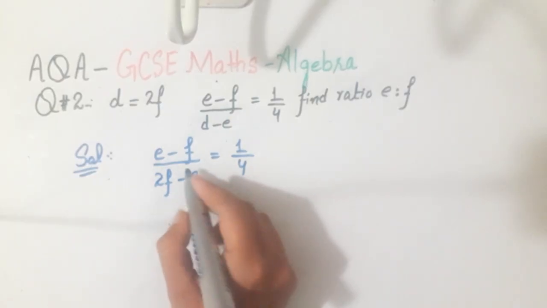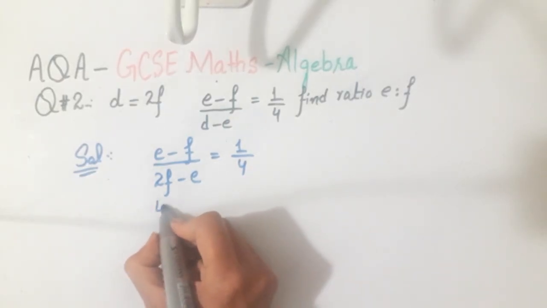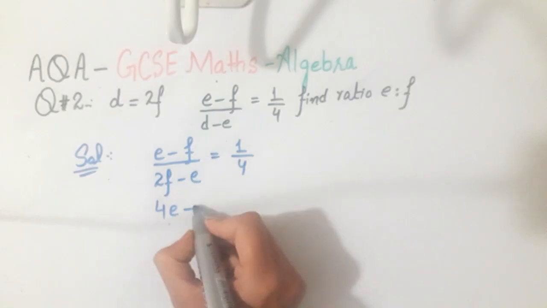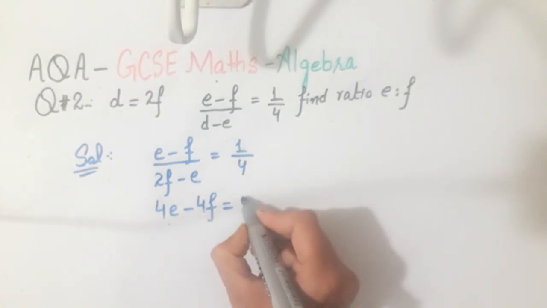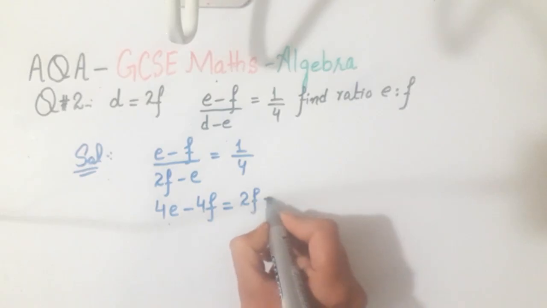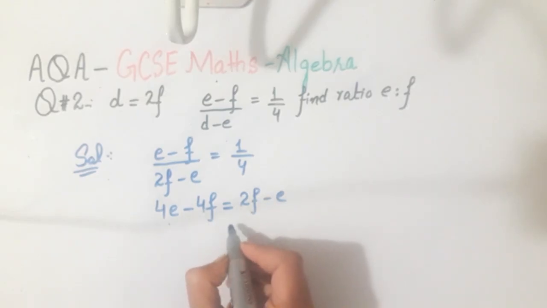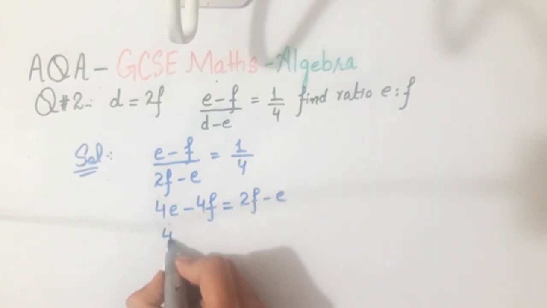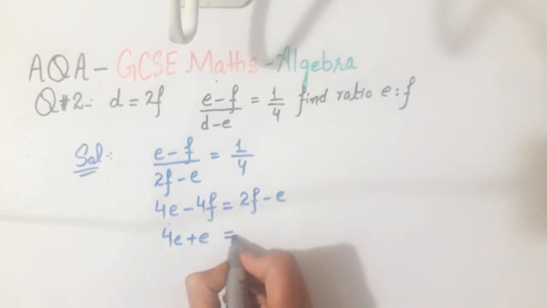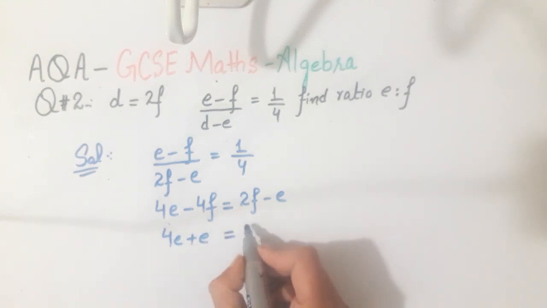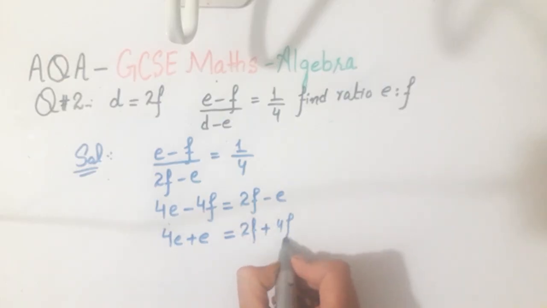Now we will do cross multiplication. So 4e minus 4f equals 1 multiplied by (2f minus e). Now combine the same terms. So 4e plus e equals 2f plus 4f.